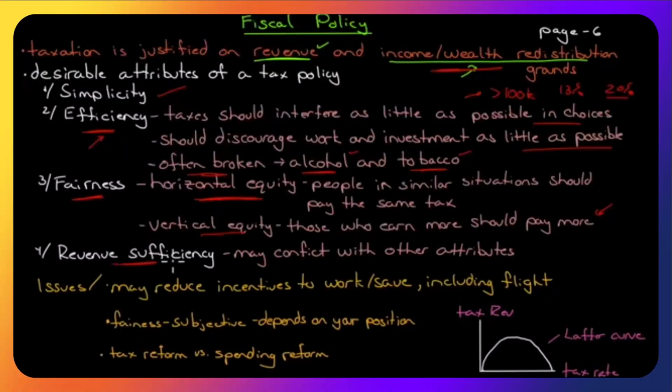Revenue sufficiency. This says that the tax you collect should be sufficient to run the government, and to fund whatever policies you have after that. Well, this is probably going to conflict with other attributes, depending on the ideology of the government that is running the show.